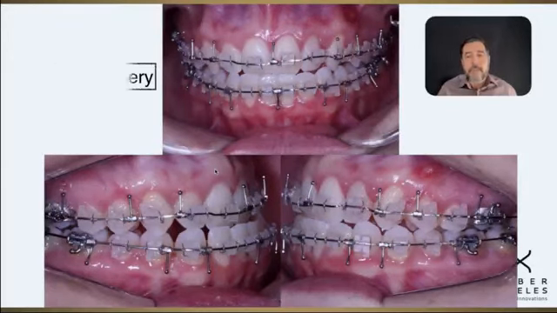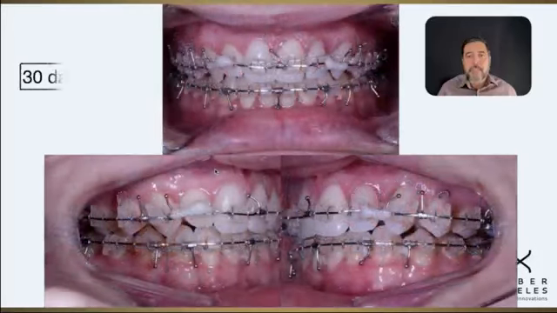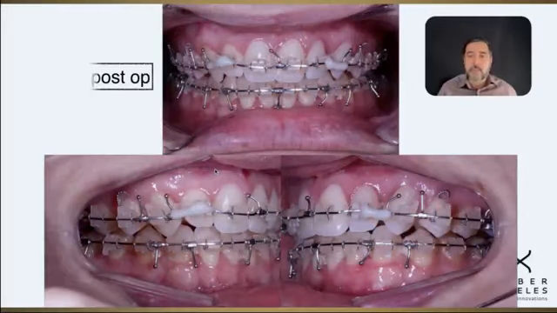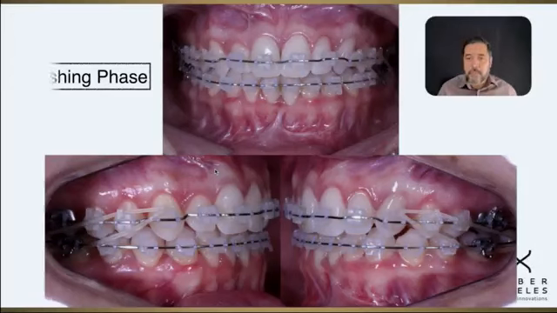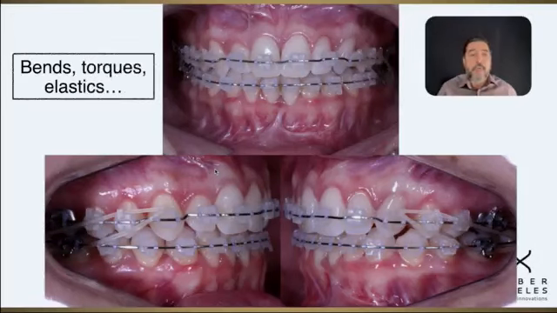Look at this. Ready for surgery, and after surgery, removing the inclinations, removing the compensations, changing the torque, the finishing stage of the treatment.